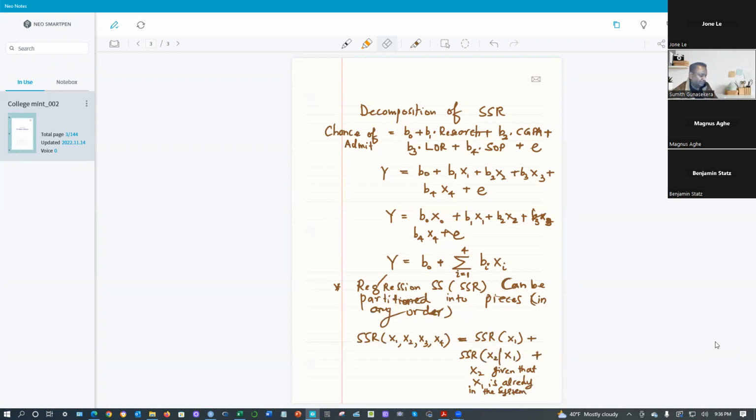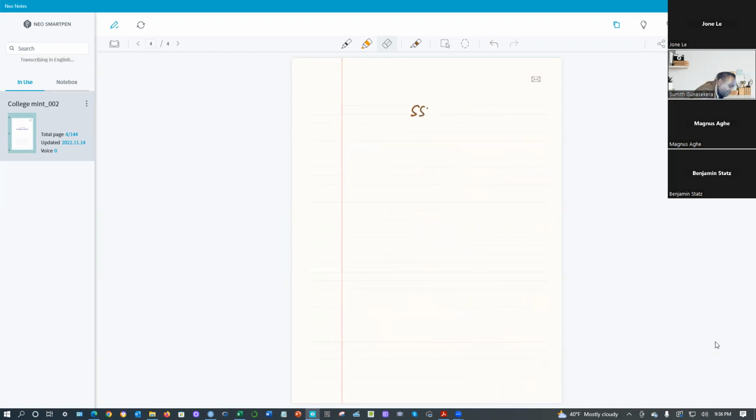Yes. Right. Now what are you going to do? Plus SSR, I'm going to add the third variable, one variable at a time, given that x1 and x2 are already in the system. Already you have taken them into account.